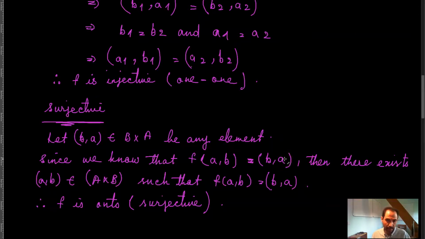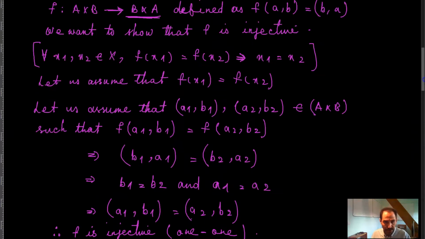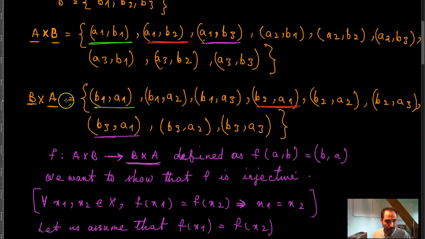That means that any b comma a is the image of some element in the domain of the function, right? And therefore f is onto, meaning that there is no element in the codomain of the function, which is this set over here, that will be left alone. Every element that you can see here will be the image of some element in the domain of the function.